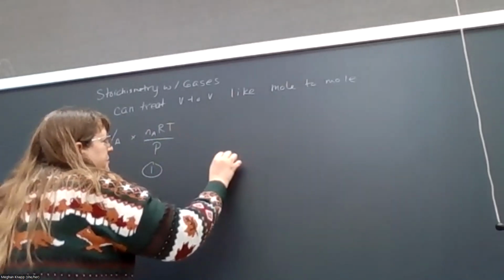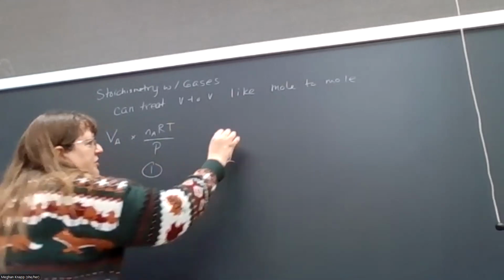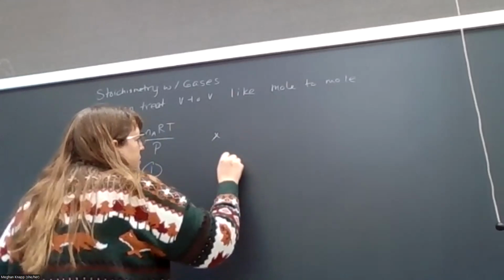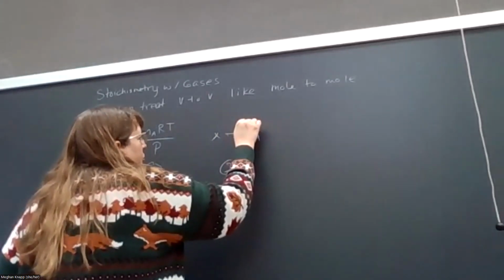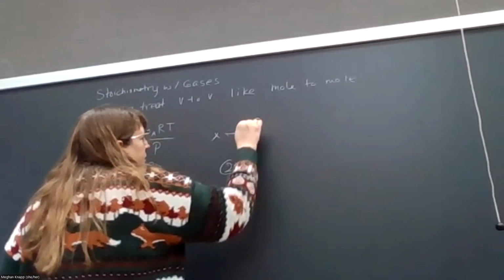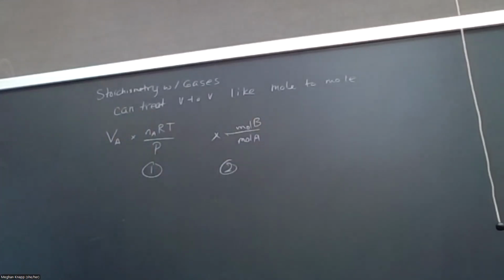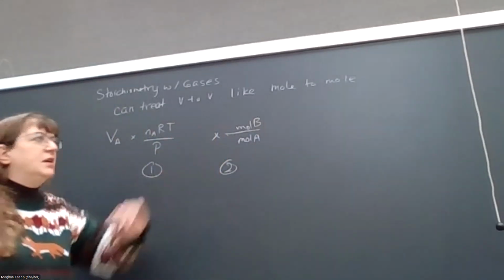And then our step 2 is going to be to take the answer to that and do moles of A over moles of B using the coefficients in the balanced chemical equation. That step's always the same.